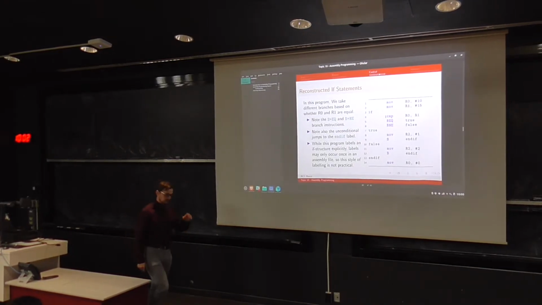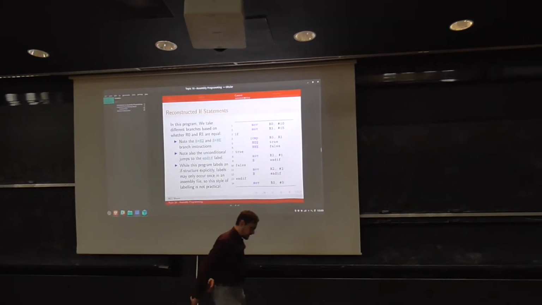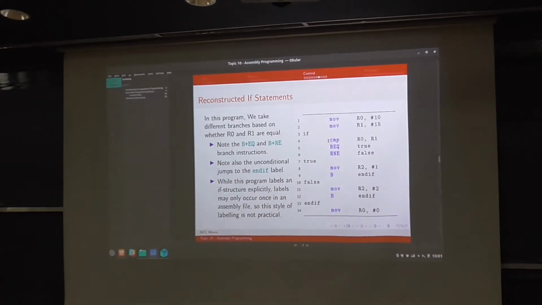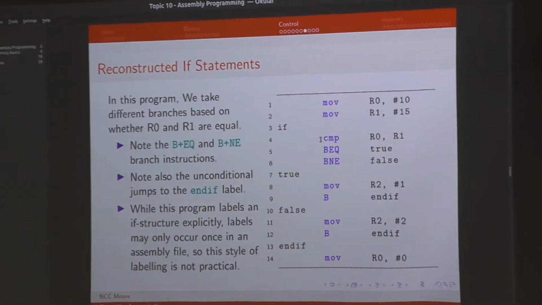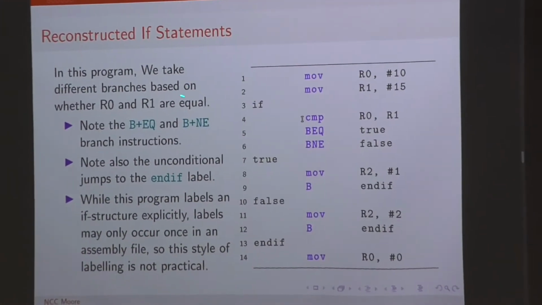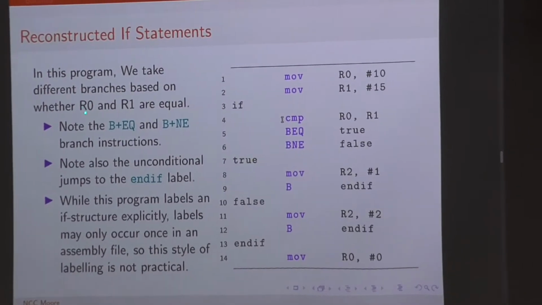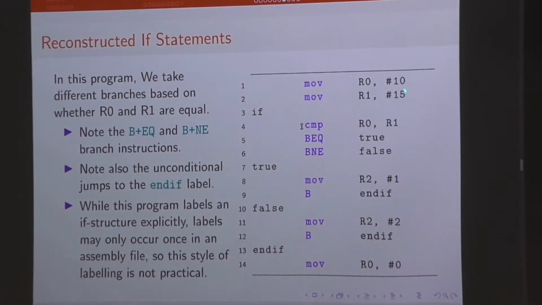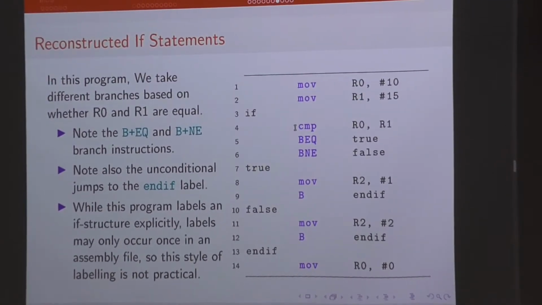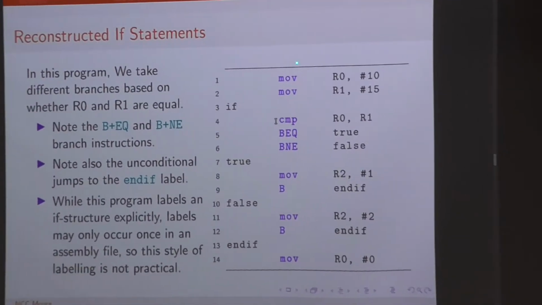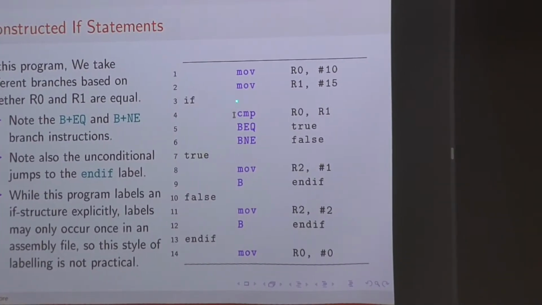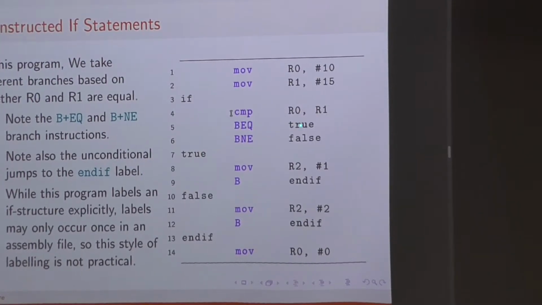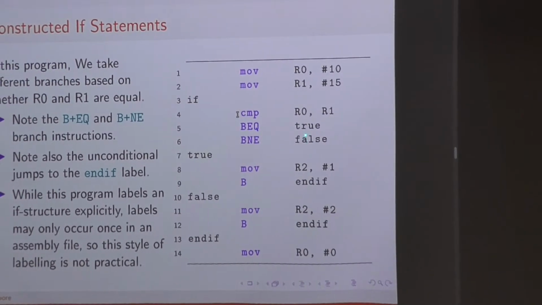let's examine this program. This is a program which reconstructs the if statement inside of an assembly program. In this program, we take different branches based on whether R0 and R1 are equal or not. So we move 10 and 15 into R1 and R0. We use comparison, lowercase is totally allowed, look at this. We compare R1 and R2. Branch equals on true, branch not equals on false.